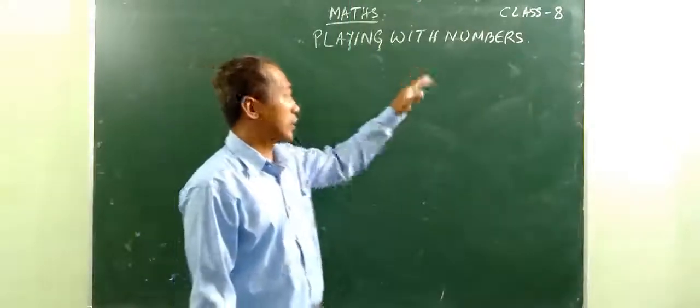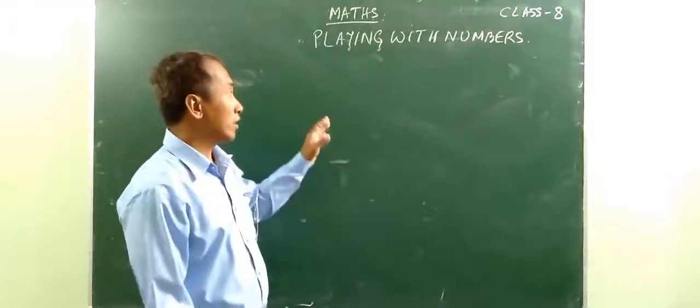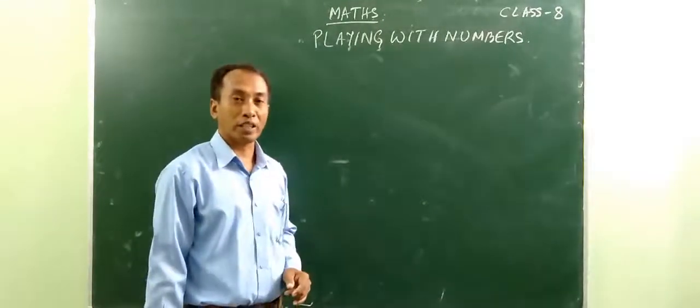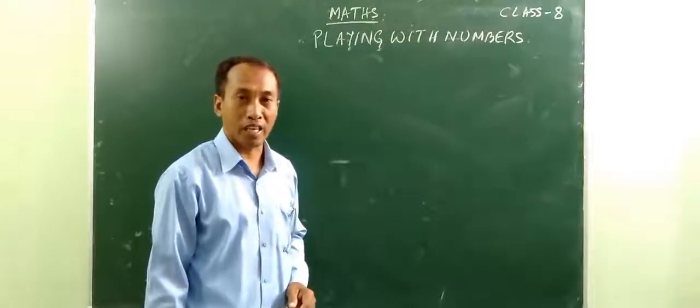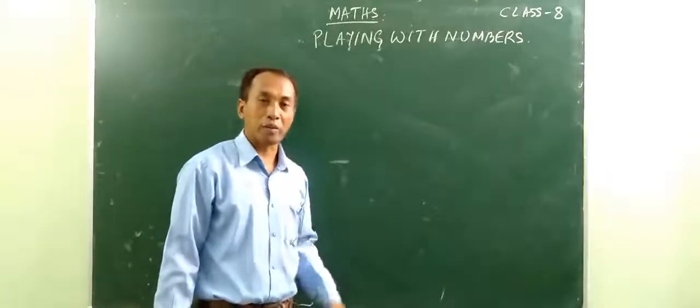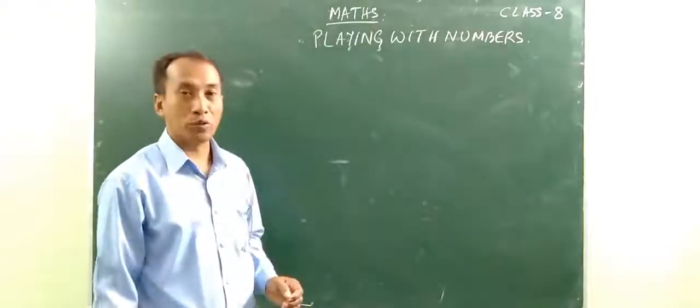To study Playing with Numbers, Class 8 Maths, you will all find it very interesting because we always use numbers in our day-to-day life: 2 digits, 3 digits, 4 digits, 5 digits. How to represent a 2-digit number?